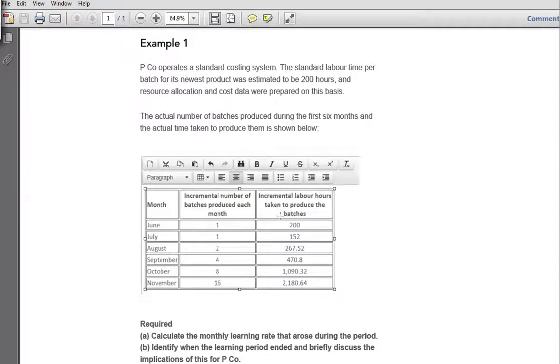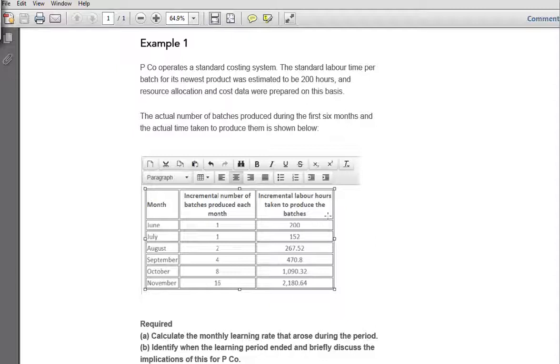Okay. And now the incremental labor time taken to produce the batches, that's also given to us. If you see here, in June we produced one batch and the time taken is 200. For July, we produced another one and the incremental time taken is 152.